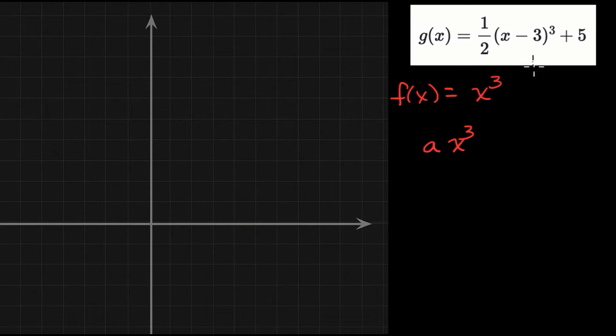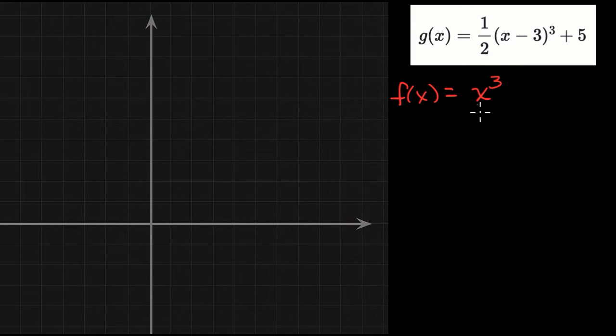And then if I were to shift it to the right by 3, then I would replace the x with x minus 3 to the third. And then if I were to shift it up, that's what the plus 5 is. So g of x is just f of x, where I'm shifting it to the right by 3 and up by 5, and I'm scaling it by 1/2. So let's just work on that a little bit.